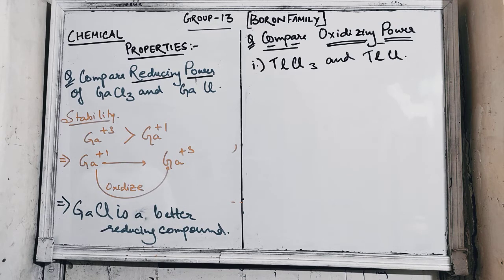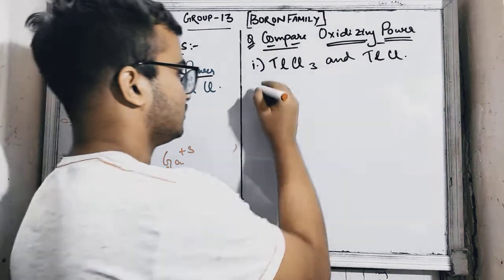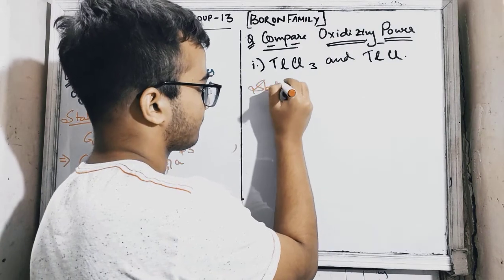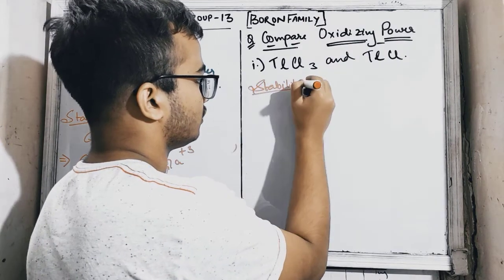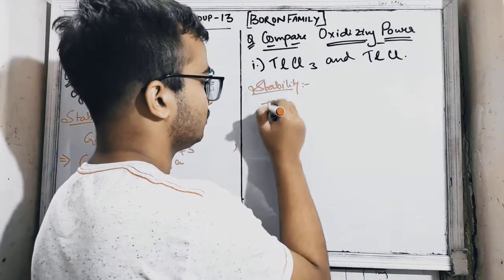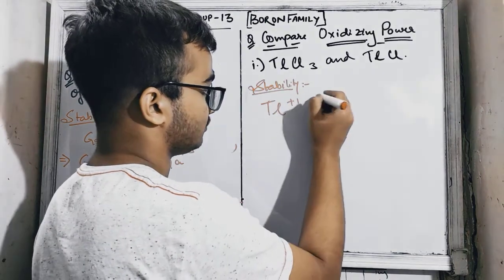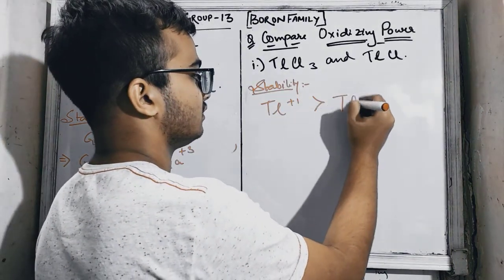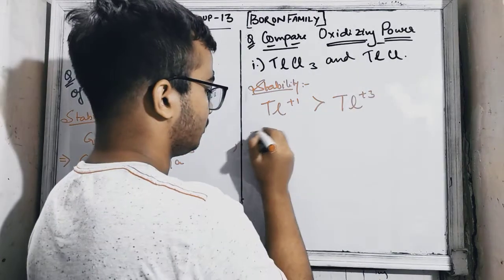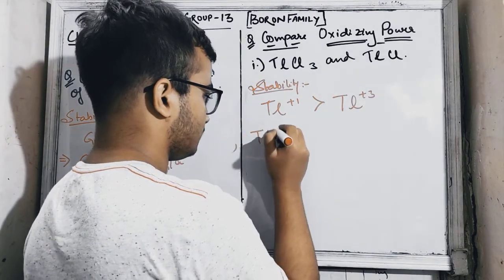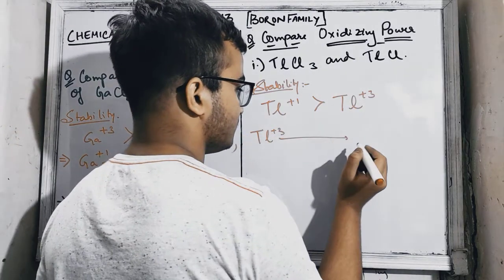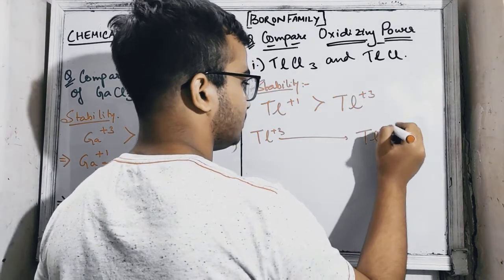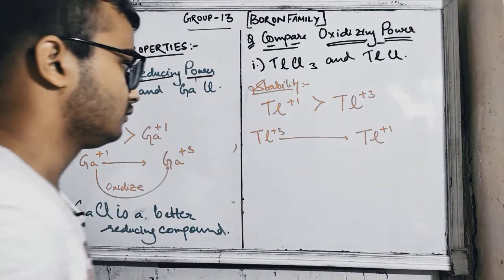Okay, thought. Let's start with the solution. We know the stability. See, this is an exceptional stability. We know Tl+1 is much more stable than Tl+3. So Tl+3 will have a tendency to get converted to Tl+1. So what is happening here?